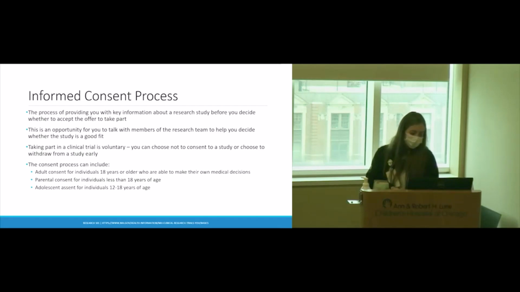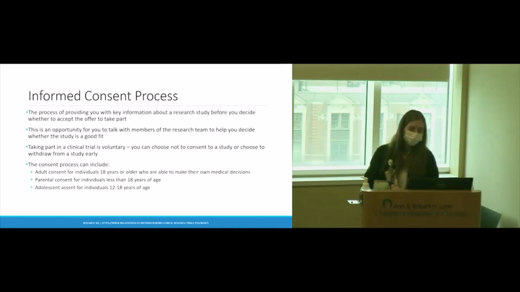The consent process can include multiple different parts depending on the age of the individual being enrolled. So adults that are enrolling in this study, or individuals that are 18 years of age or older, are able to make their own medical decisions typically. And so if they are able to do so, then they would complete an adult consent form.